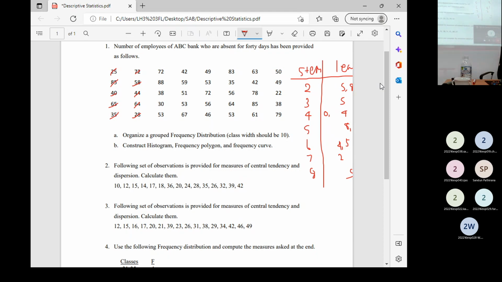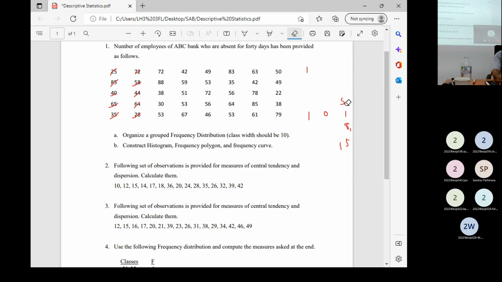Right, then you can continuously write your digits, numbers. No problem. Then you can organize your array. Continuously you can write.